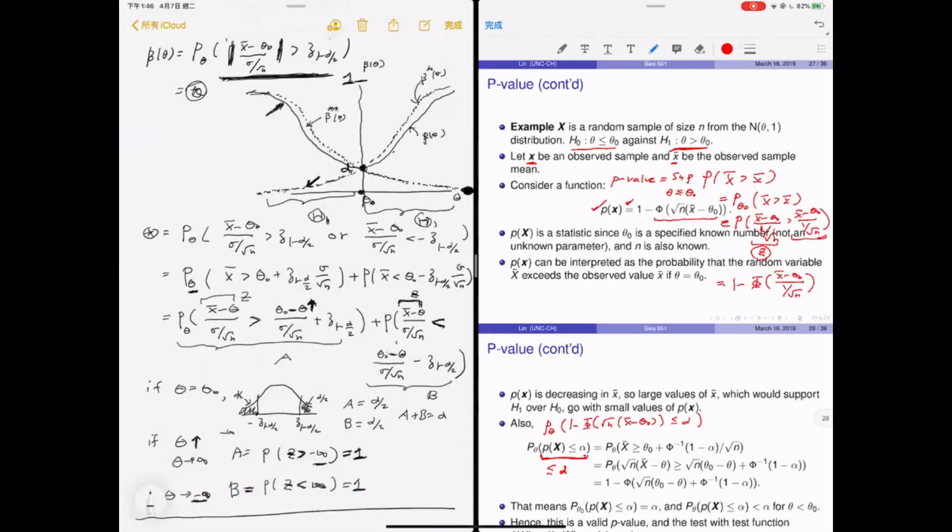So when theta goes to infinity right here, I want to be sure you follow my pencil. If theta goes to infinity, the A part, this guy goes to what? Minus infinity. Making sense? If theta goes to positive infinity, then minus theta goes to minus infinity.